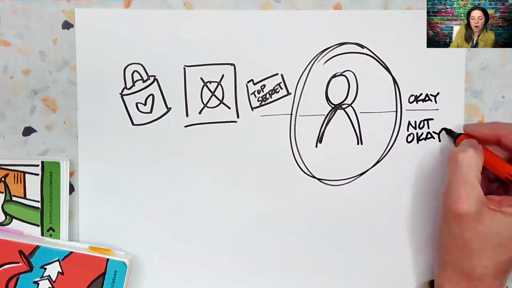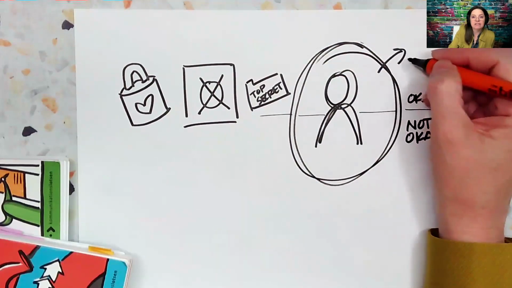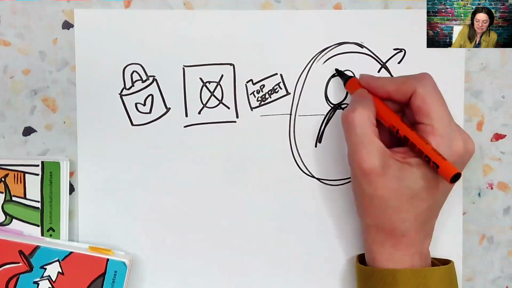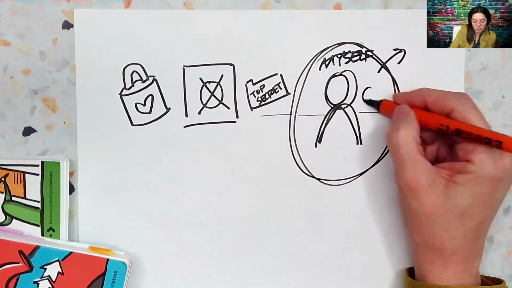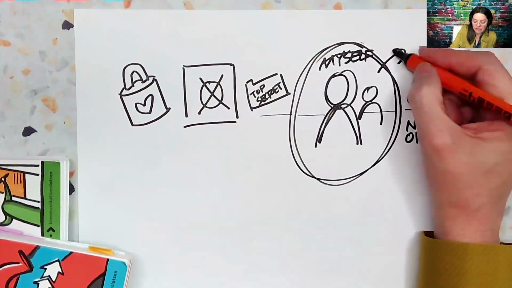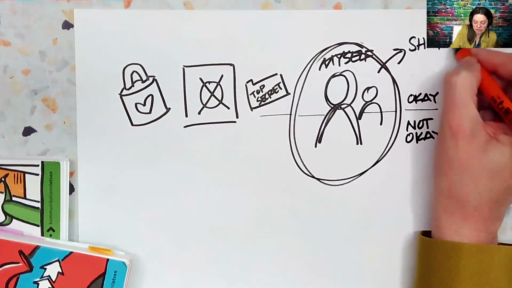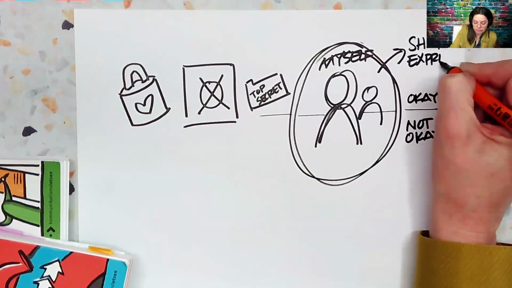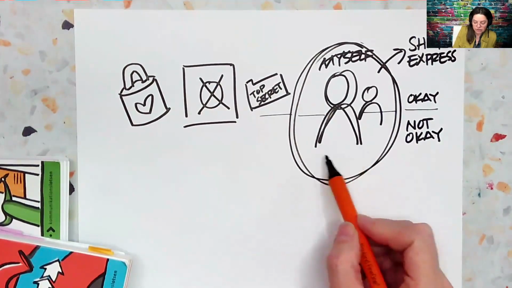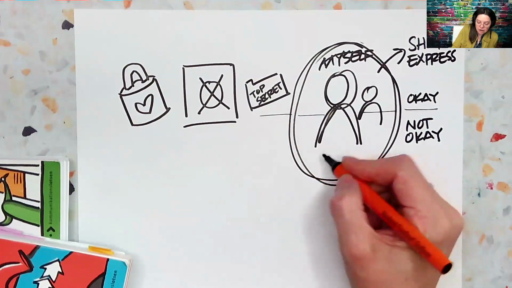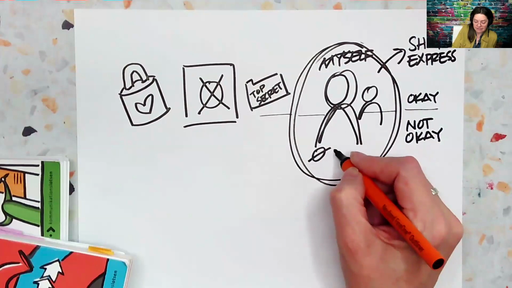What do I keep to myself and what do I express to others? So this is myself, or maybe between us, and these things are okay to share.